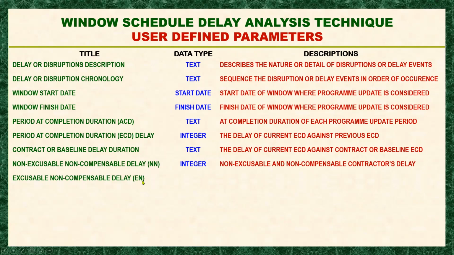Okay, so what is the example of this one? So the example of this one is that when we say excusable and non-compensable, we can say that one is the act of God. Okay, let's say a heavy typhoon is coming or has been experienced on site or during the construction.